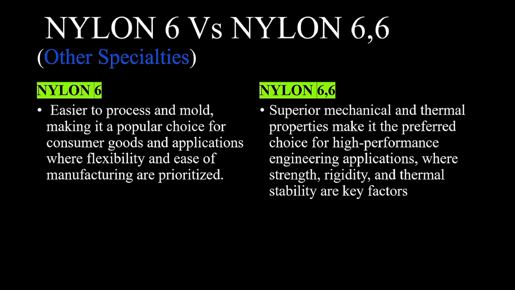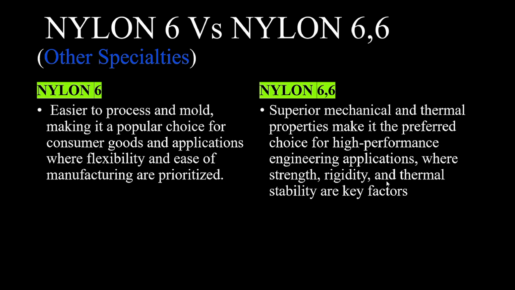Other specialties: nylon 6 is easier to process and mold, making it a popular choice for consumer goods and applications where flexibility and ease of manufacturing are prioritized. In the case of nylon 6,6, superior mechanical and thermal properties make it the preferred choice for high performance engineering applications where strength, rigidity, and thermal stability are the key factors.